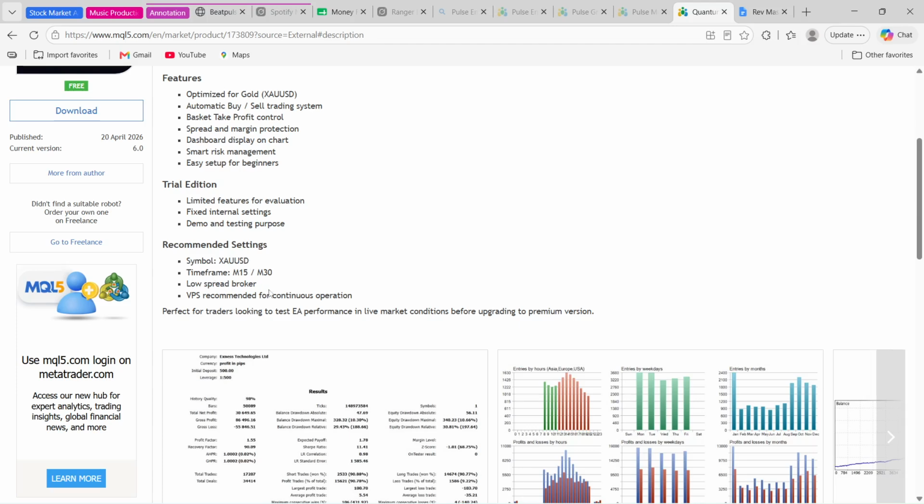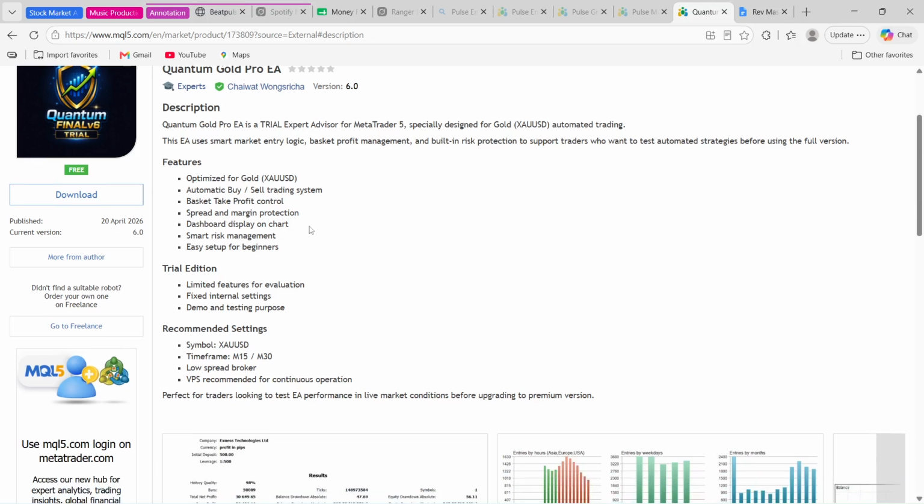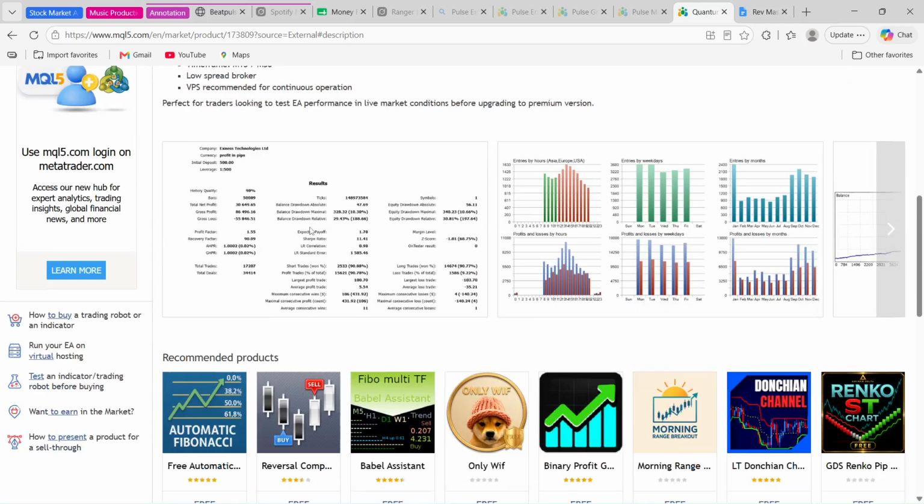You should do it on a low spread broker, and VPS is recommended for continuous operation. Looking at the features, like I previously said, it is optimized for gold, XAUUSD, automatic buy/sell trading system, basket take profit control, spread and margin protection, dashboard display on charts, smart risk management, and easy setup for beginners.